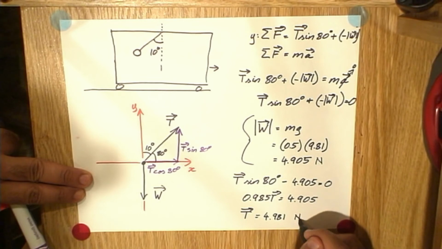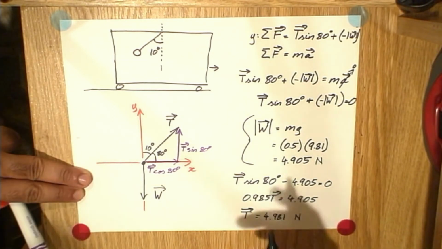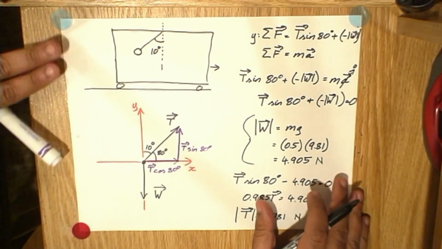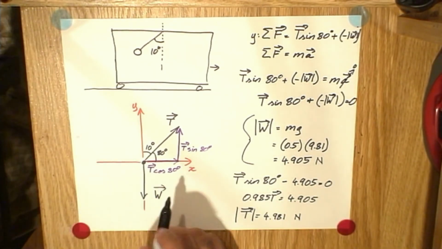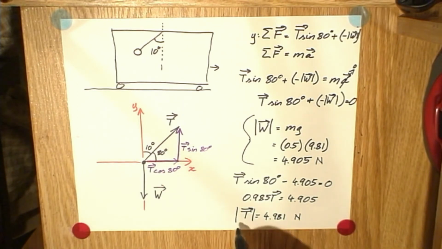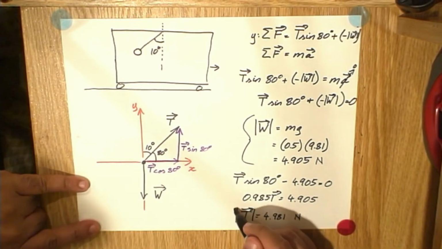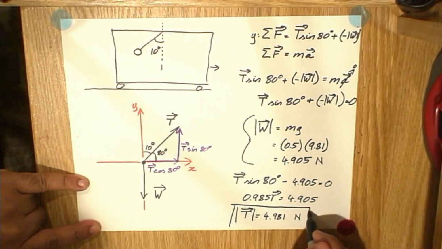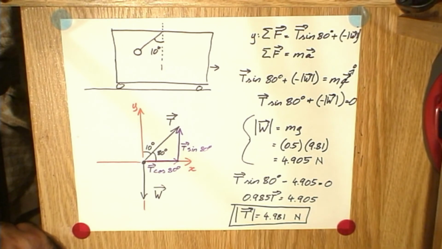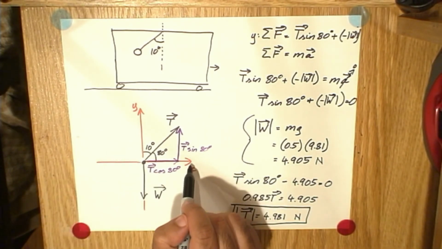newtons. And if I really want to be rigorous about it, I should say that's the size of the tension. The orientation of the tension is 80 degrees. So the full description of this tension vector would be 4.981 newtons at an orientation of 80 degrees above the horizontal.